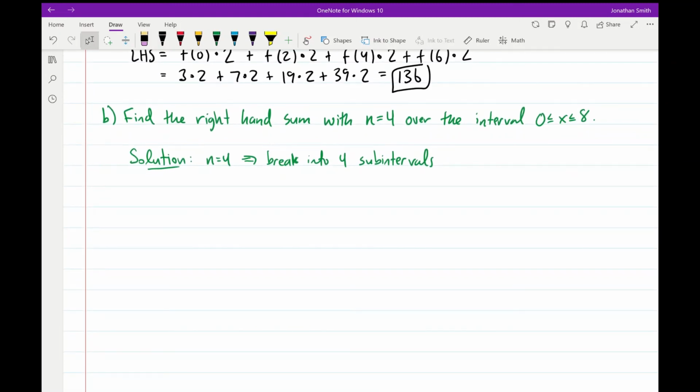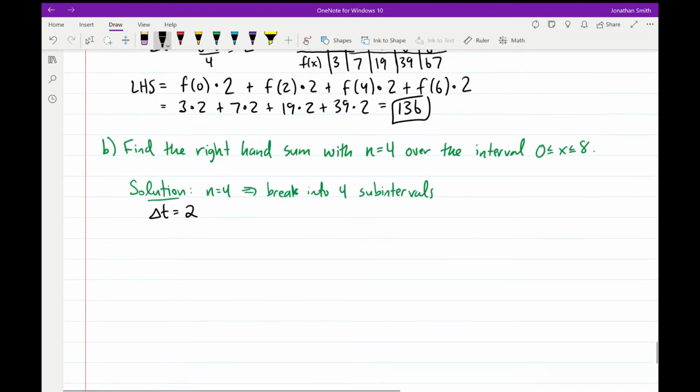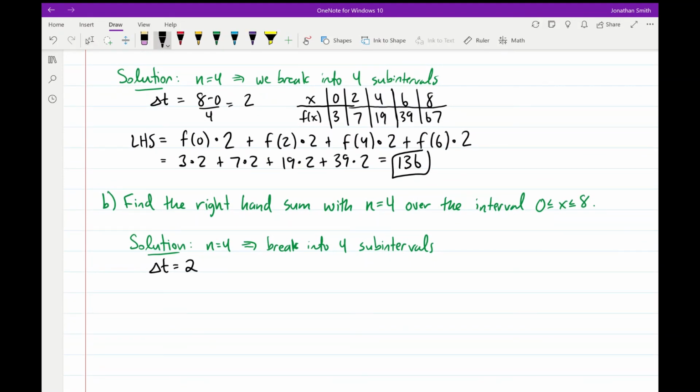Okay, we can do a similar calculation, but instead do the right-hand sum with n equals 4 as opposed to the left-hand sum. So again, n equals 4 means that we're going to break up that interval from 0 to 8 into 4 subintervals. So delta t is again going to be equal to 2. And we can use the same table that we had before of x and f of x.